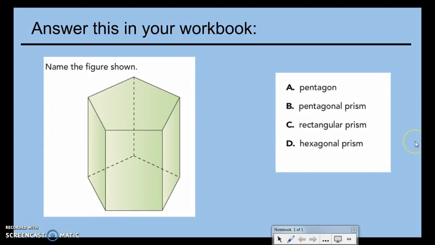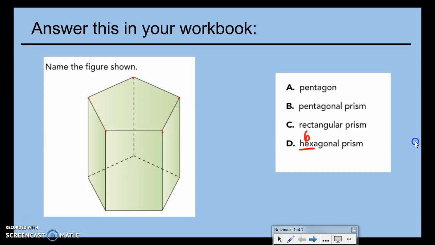So let's analyze this a little bit so you can see how this is going to go. We talked about hexagons in the last unit. We talked about how hex means 6. This shape right here does not have 6 corners or 6 edges, whatever you want to say.